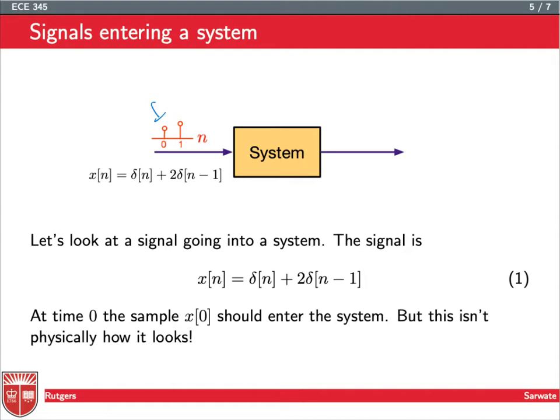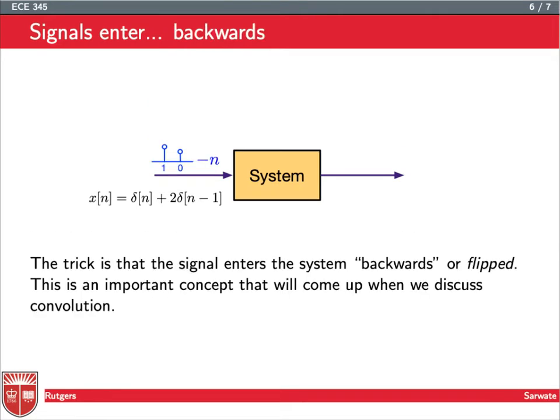So if I draw a plot of the signal and then say it's going into the system, it's kind of going in backwards if you think about it. So really, what I have to do is flip the signal to show that if it was actually going along the wire, the part that's at time 0 would come first, and then the part that's at time 1 would come in next. So in fact, the picture looks like this.